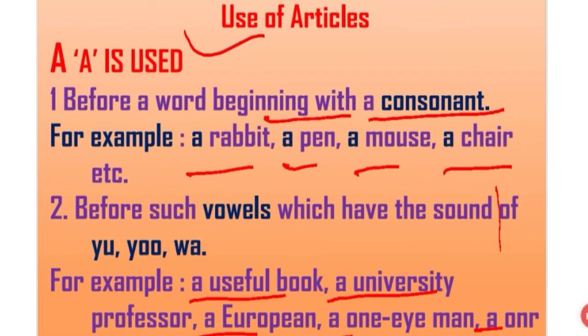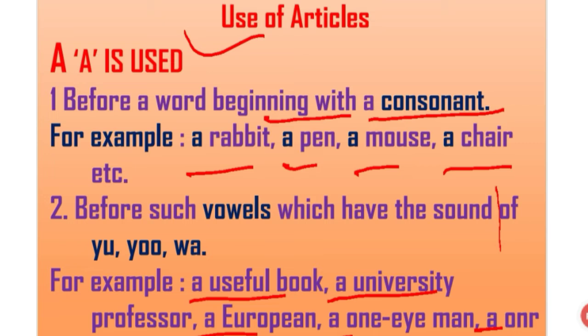That means using articles depends on the sounds of the letters, especially vowels here. There are some vowels but they are silent, and the sounds coming are yoo and wa. Useful: yes, it begins with the vowel letter U, but the vowel sound U is not coming here.